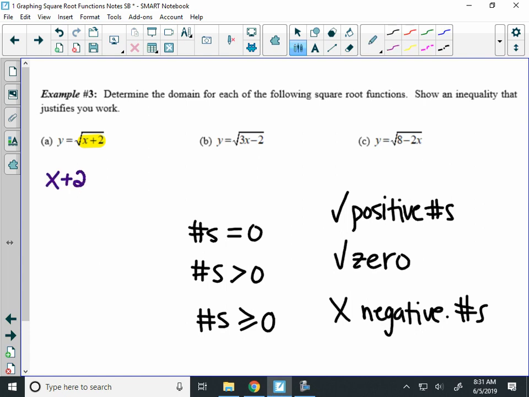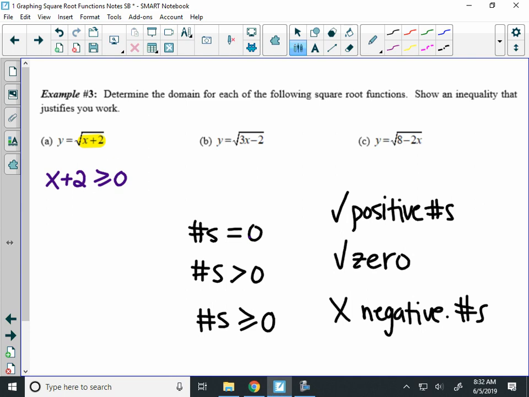That radicand, the whole value, has to be greater than or equal to 0, because it can be equal to 0 when I find a value for x. It could be greater than 0, but it's not allowed to be negative. So I'm restricting what I let that radicand be equal to by setting it greater than or equal to 0. So now when I find the x value, this is going to give me the domain.